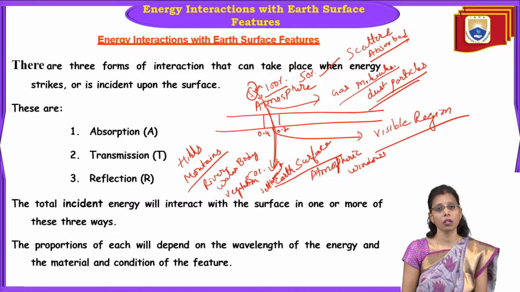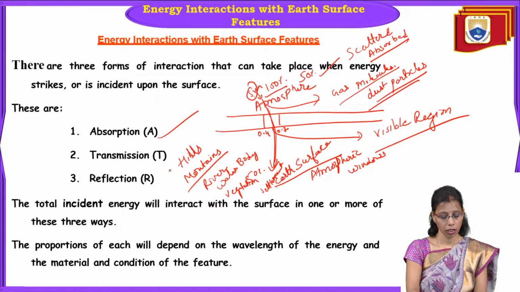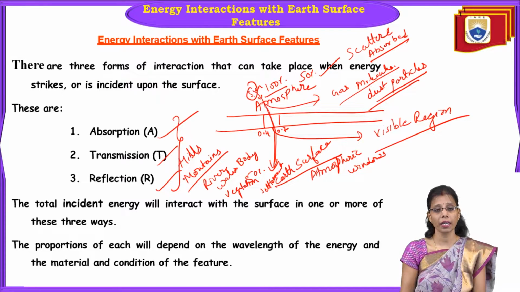Whatever we see on the ground, when this energy falls on all these features, it either absorbs, transmits, or reflects. These three things happen; these are the three mechanisms that occur when it reaches an Earth surface feature.